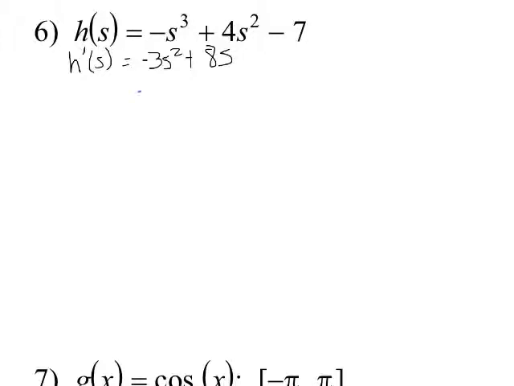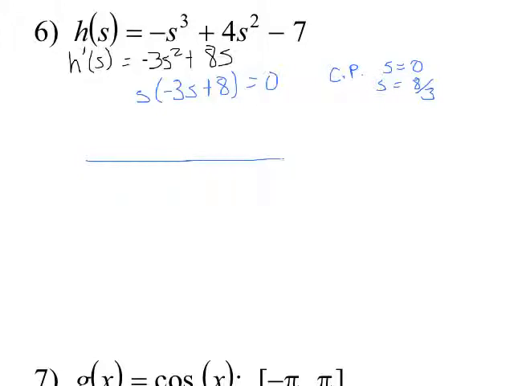If I factor out the s, negative 3s plus 8 equals 0, so I'm going to get critical points at s equals 0 and s equals 8/3.